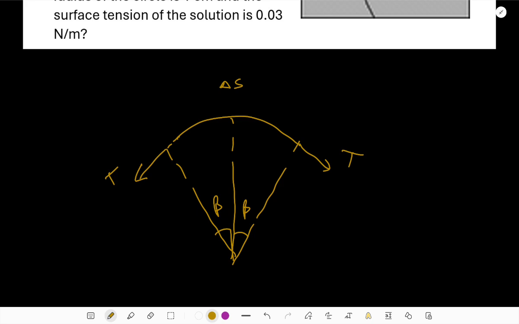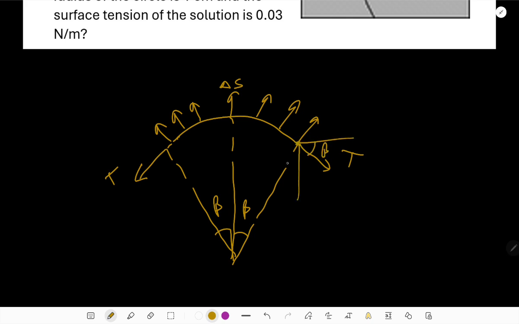The force of surface tension will be, of course, on this small section, in this direction, normal to this, everywhere. This is another example, not like the previous one. You know what to do now.